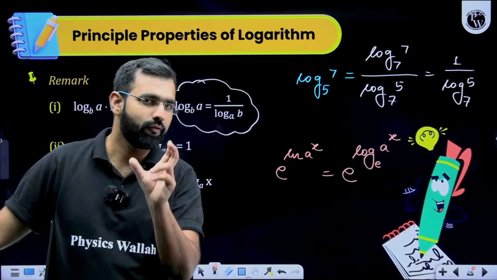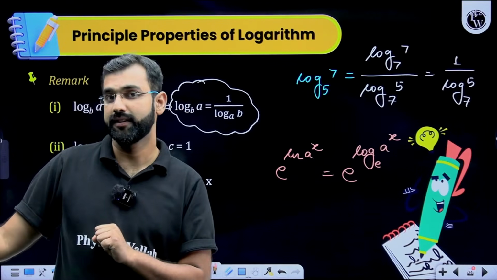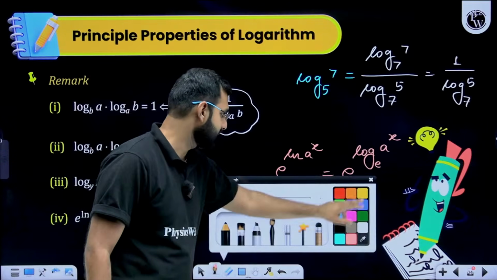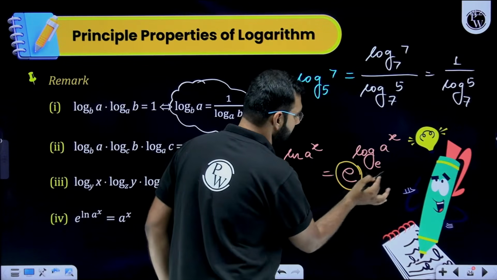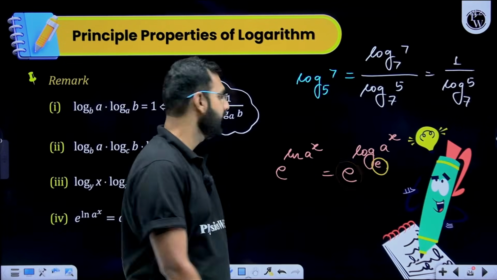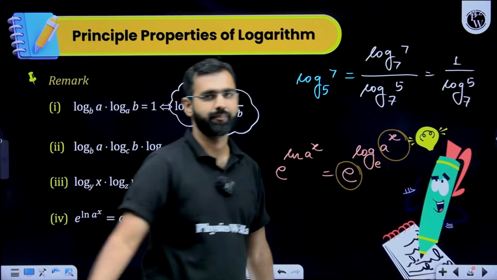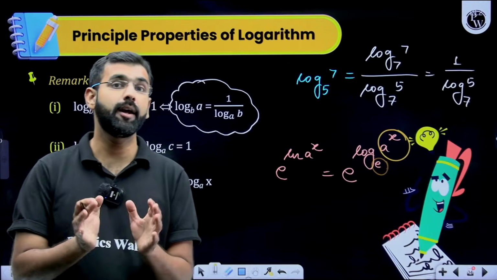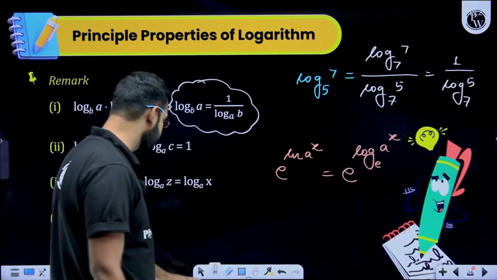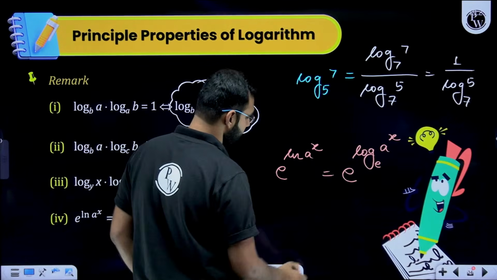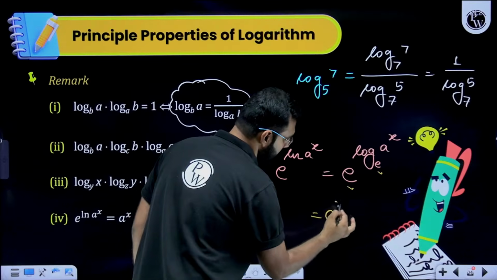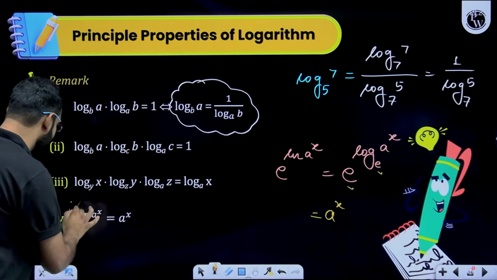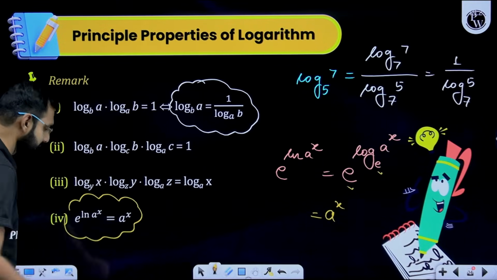Now, do you remember the fundamental property of logarithm we discussed? We did discuss this very clearly that if you see this base and this base to be same, then your answer is this value. So with that, if this e and this e are same, my answer will be a to the power x. That's exactly what they have written over there as a conclusion.